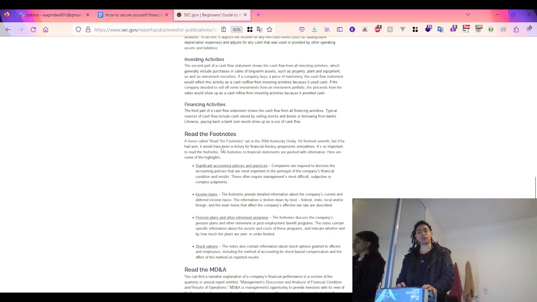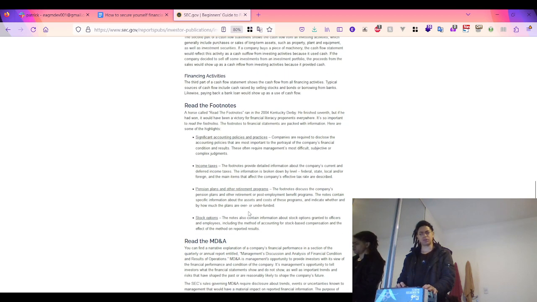And then I look at the footnote, which is something important to do because it is paired with some information. Some of the highlights are significant accounting principles or significant accounting policy and practice.